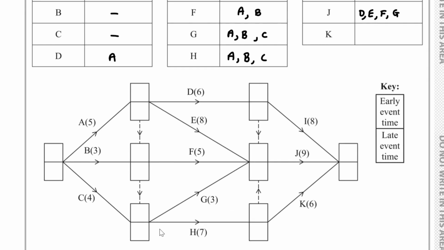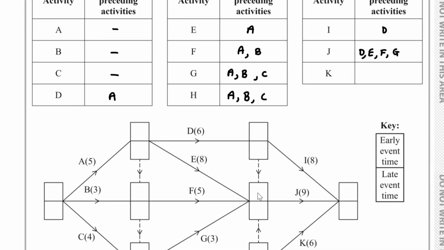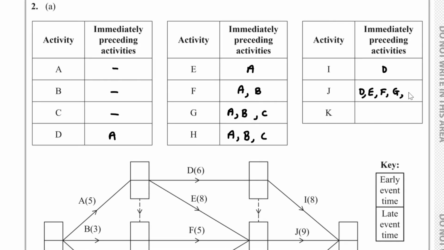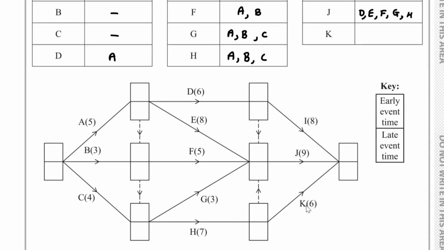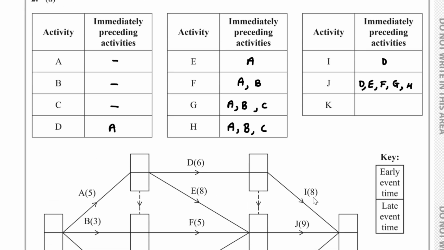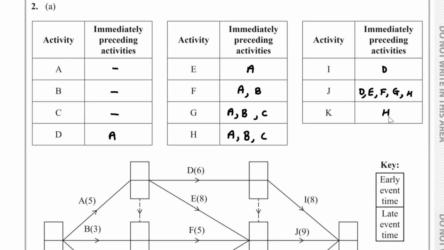And it also requires H to finish, and that's indicated by this dummy over here. So we have H over here. And if we take a look at activity K, that's this activity here, that depends on H completing only. So this is our precedence table.